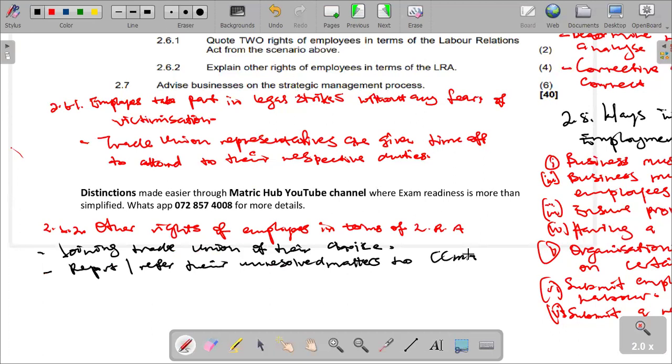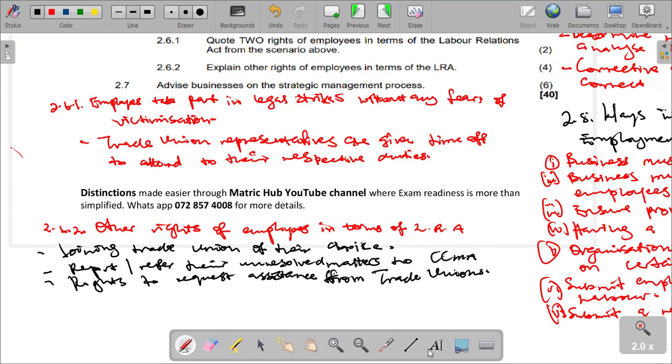They have the right to refer unresolved matters to the CCMA. Employees also have the right to request trade union representatives to assist, the right to request assistance from trade unions.